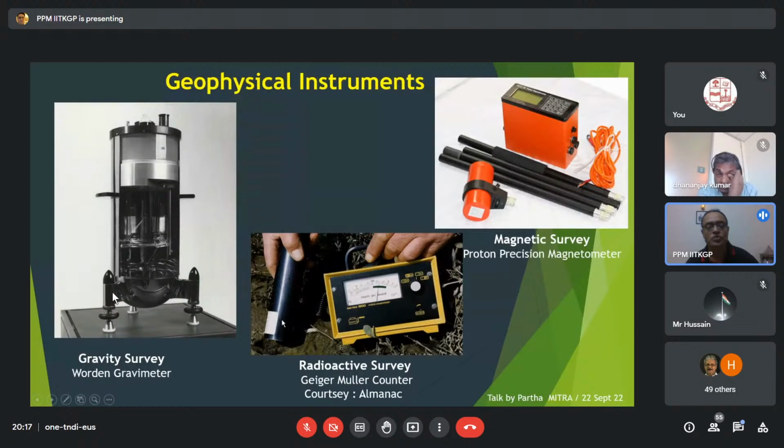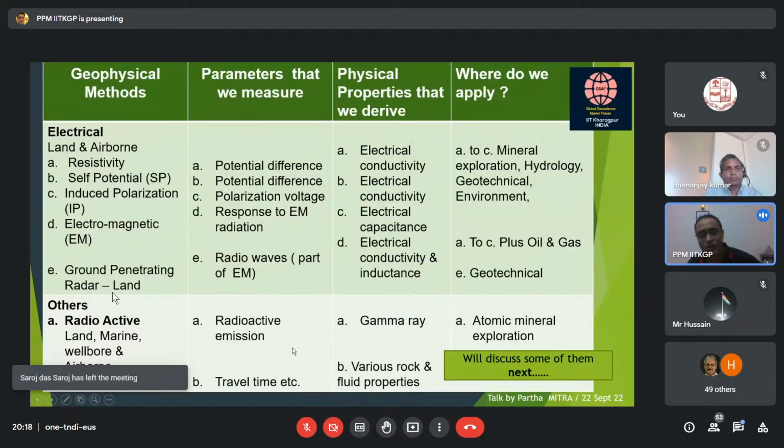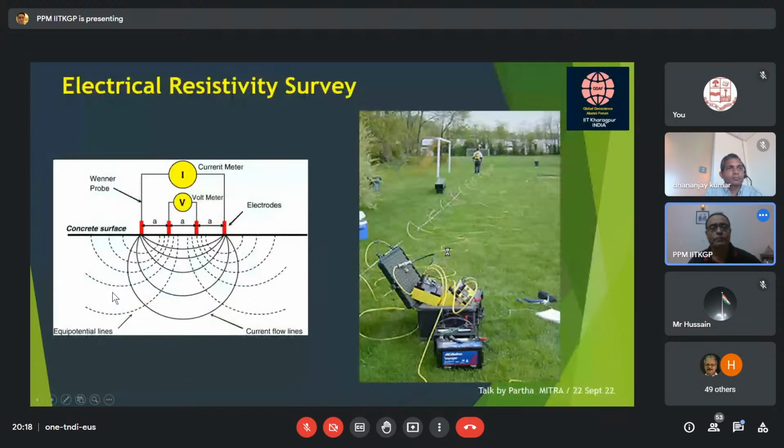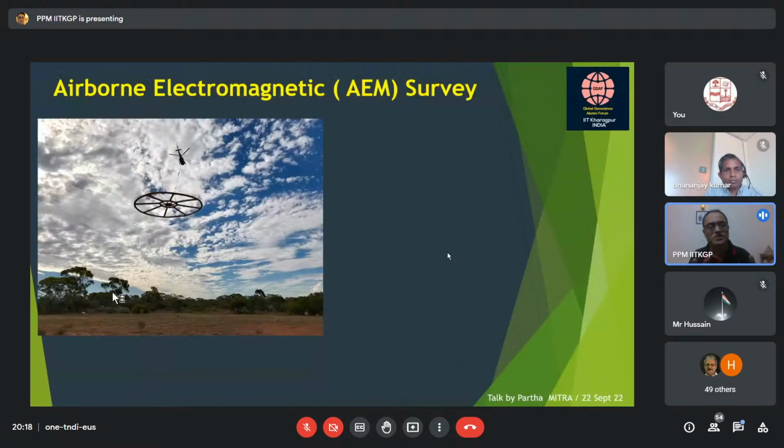Okay, and next is well logging. What is well logging? I have a very interesting one slide, so I'll discuss it there. So let's try to understand. This is one of the electrical methods. I said it's not possible to cover everything, but I thought it would be interesting to give a flavor of those different kinds of tools and how exciting and adventurous these tools are.